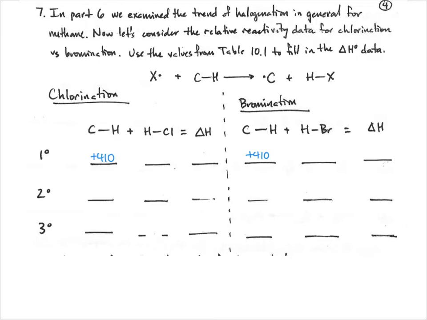So Aiden says plus 397, that's correct. And then for the tertiary, what value should we use? Plus 381, says Cole and Mac.